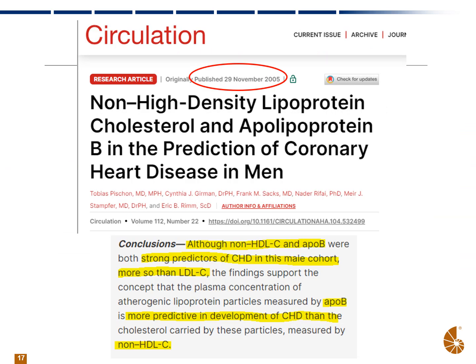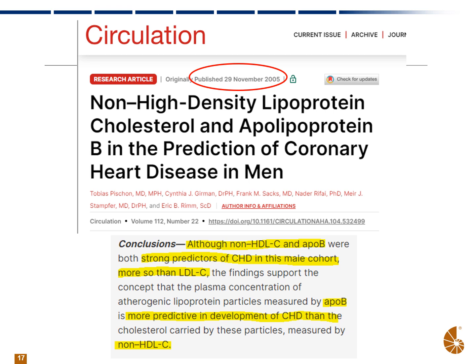Now here's an article just to show you how far behind I was in my understanding of cholesterol. This was written 20 years ago, in November of 2005, and it says non-high density lipoprotein cholesterol and apoprotein B in the prediction of coronary heart disease in men.